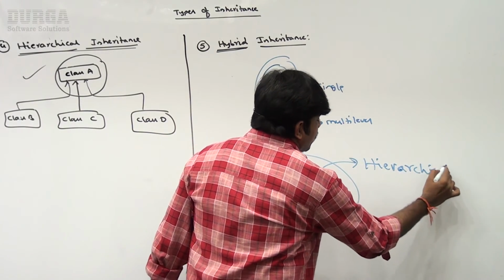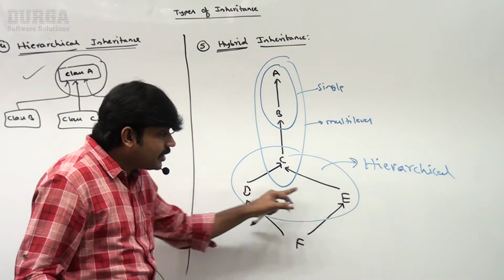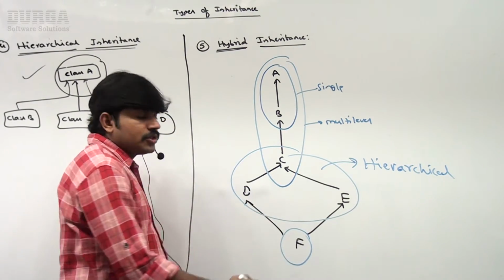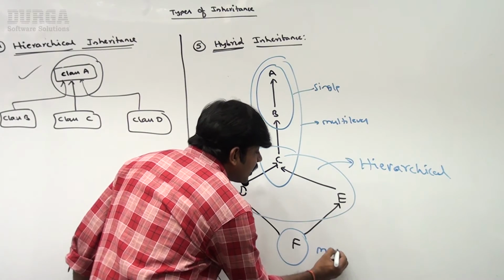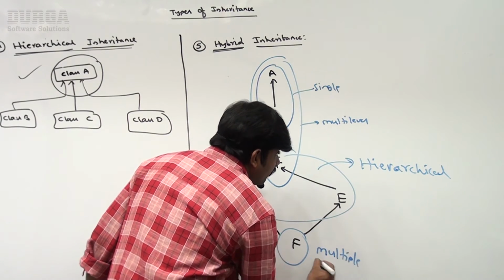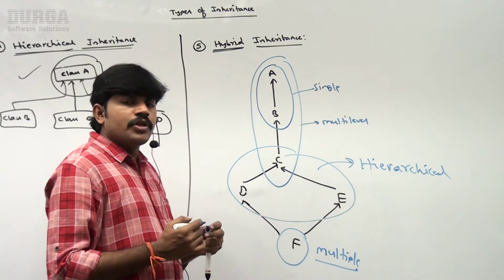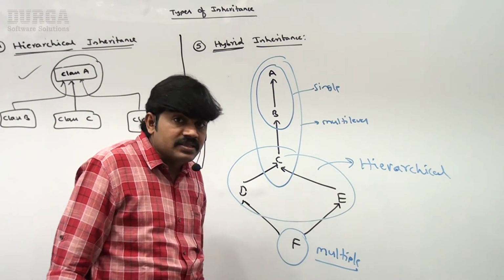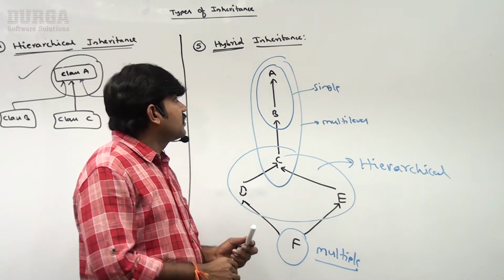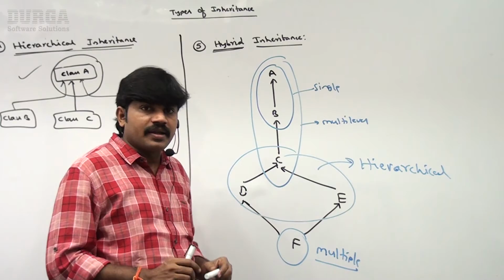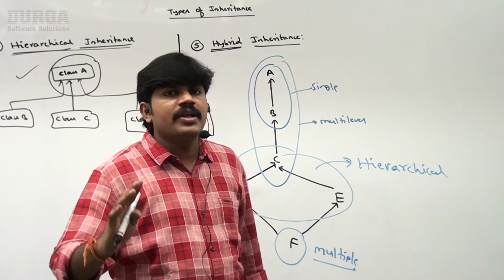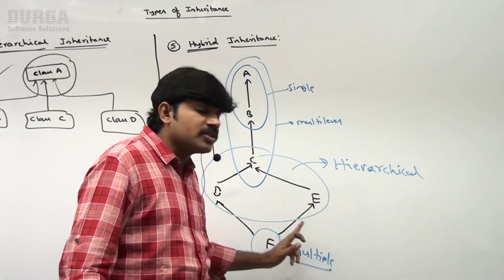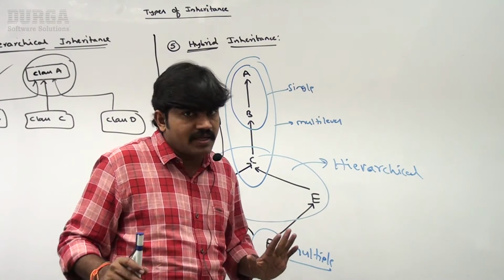From multiple parents, we are defining a single child class. This is nothing but multiple inheritance. So if we are using different types of inheritance simultaneously, this concept is hybrid inheritance. But in Java, hybrid inheritance is not supported because multiple inheritance is not supported by Java. Clear for all of you, right?